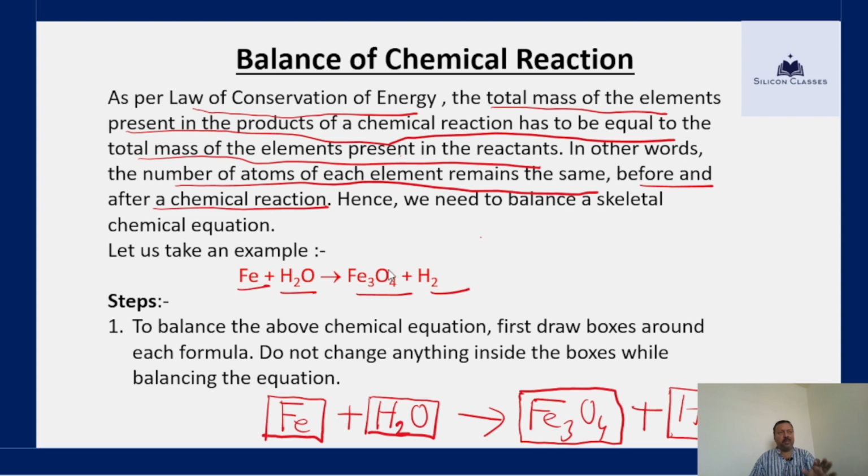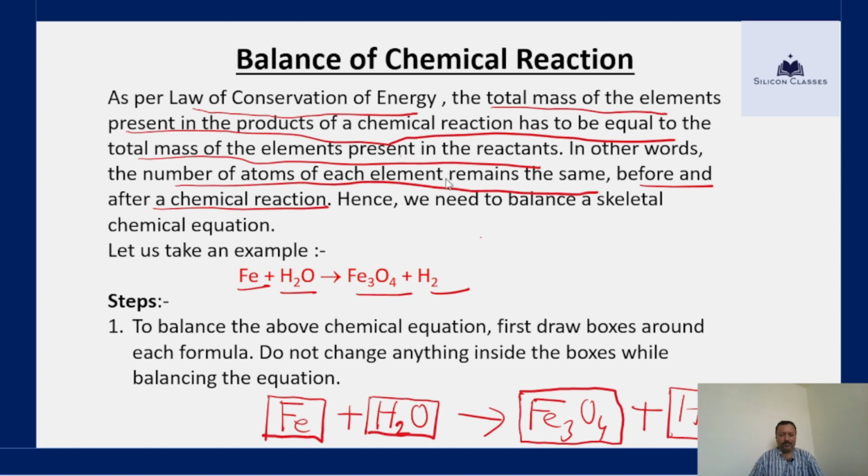We should balance the chemical reaction so that whatever number of iron atoms are in the reactant, the product has the same number of iron atoms. It should be applicable to all elements. So we should balance our chemical reaction, otherwise it will be against the law of conservation and it will be wrong. Now, we should show the step-by-step balancing of a chemical reaction.